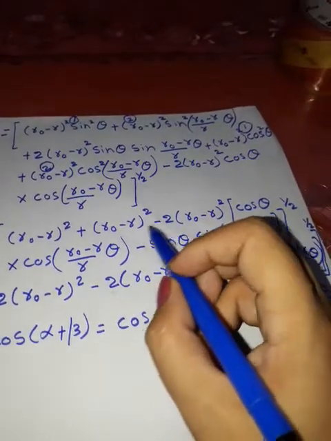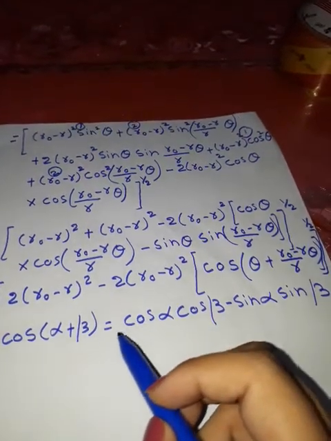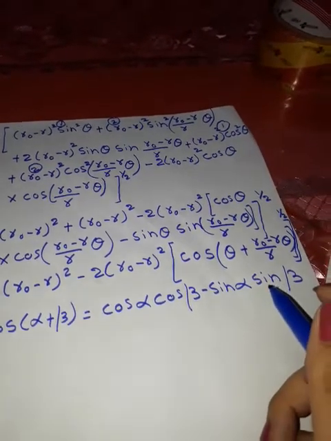And that's why I take minus 2 common, because there is no negative sign with cos alpha cos beta, but there is a negative sign with sin alpha sin beta.